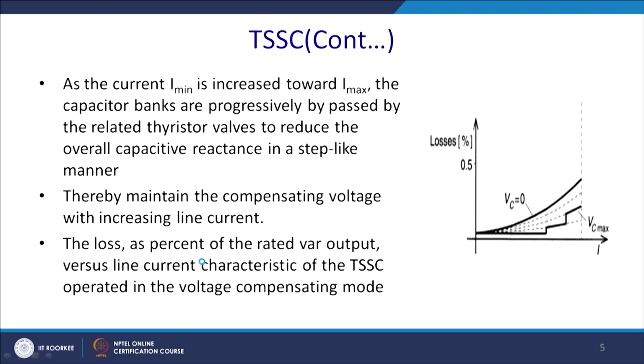As a result, when I min is increased towards I max, losses will increase definitely, and the capacitor banks are progressively bypassed by the thyristor valve to reduce the overall capacitance, in a spike-like manner.